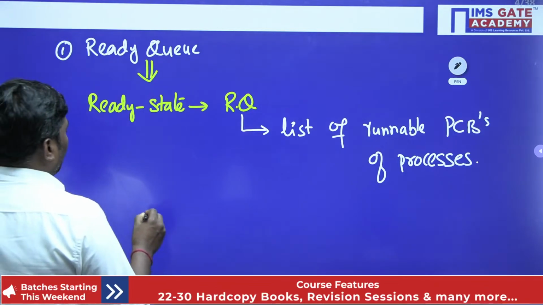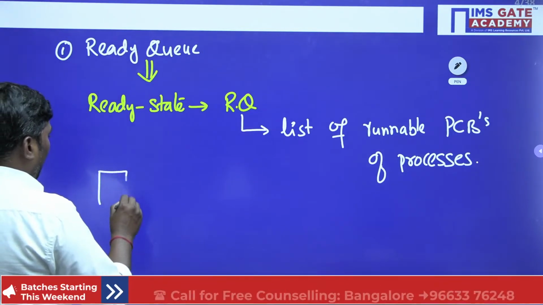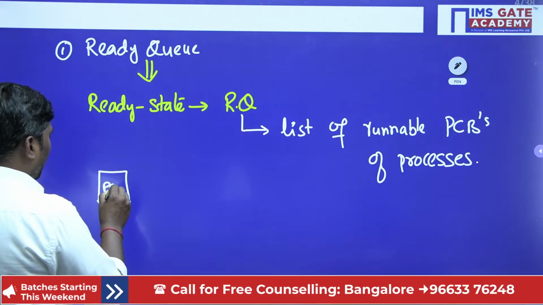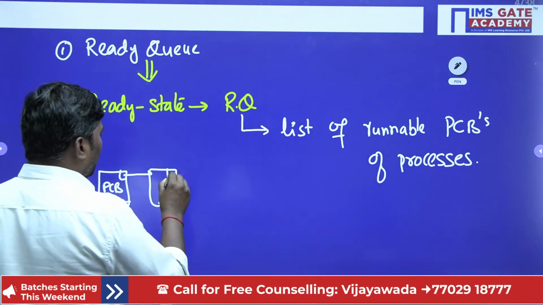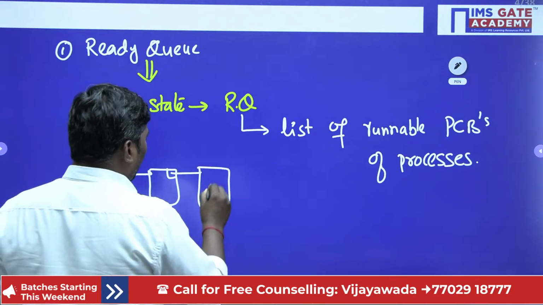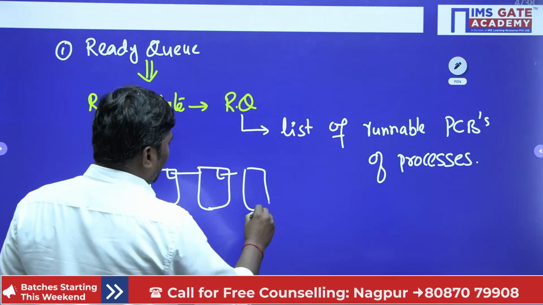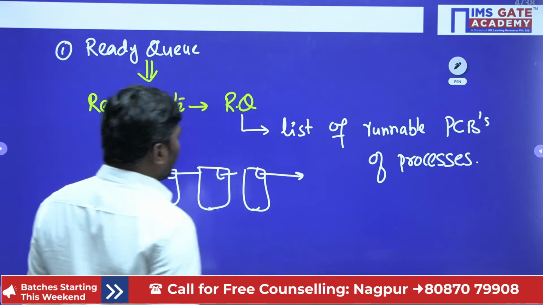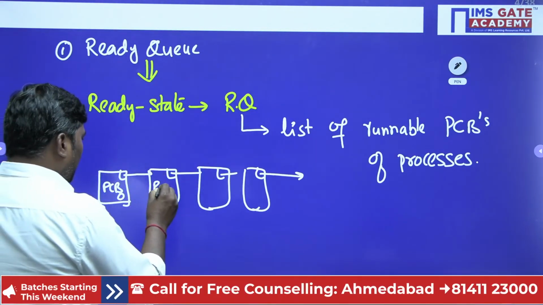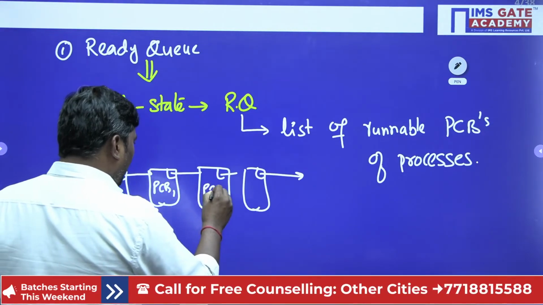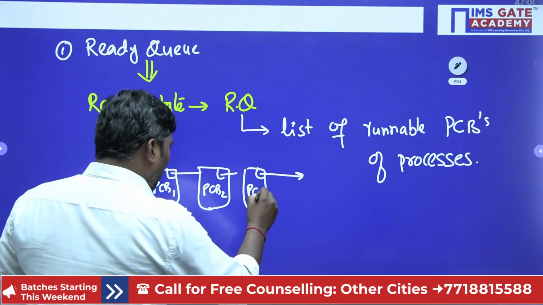Now, these queues of PCBs are maintained in linked list form. To implement this, preferably use a circular linked list, like a circular doubly linked list. So this is PCB 0, PCB 1, PCB 2, this is PCB 3.